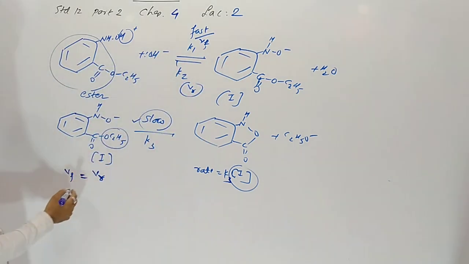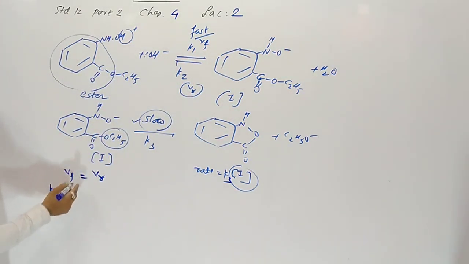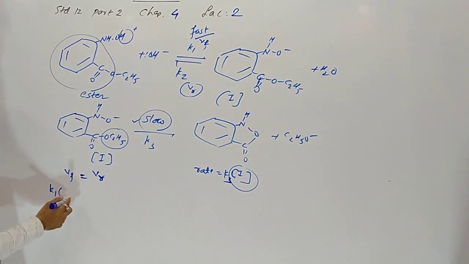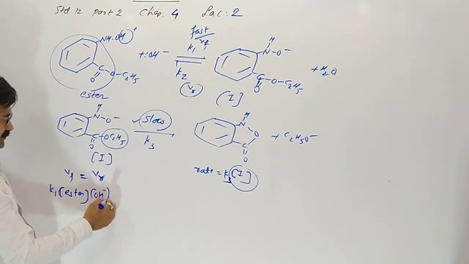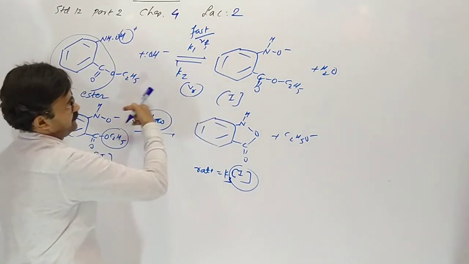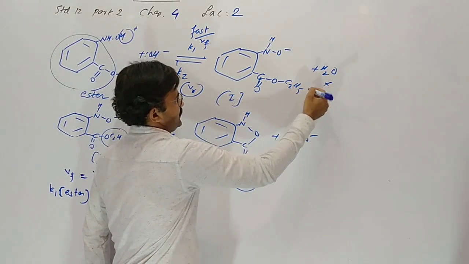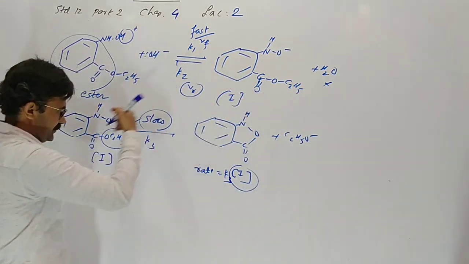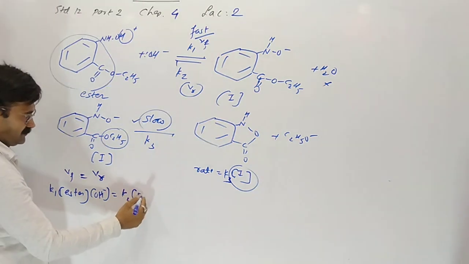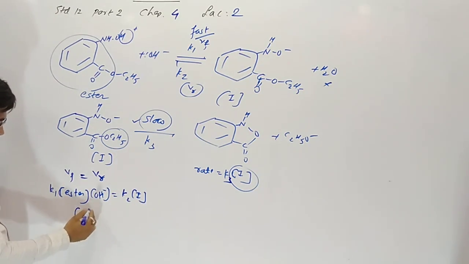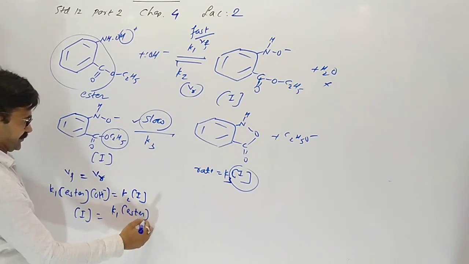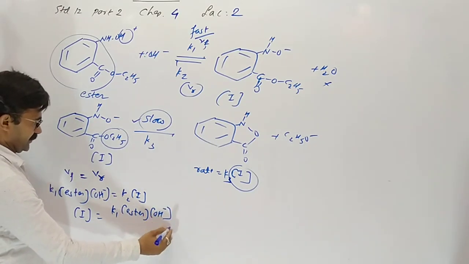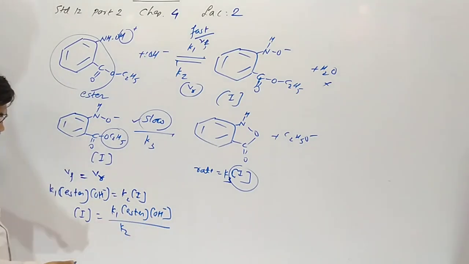So Vf means K1 into ester into OH minus. Here water is constant, K2 into I. So the value of I will be K1 into ester into OH minus upon K2.